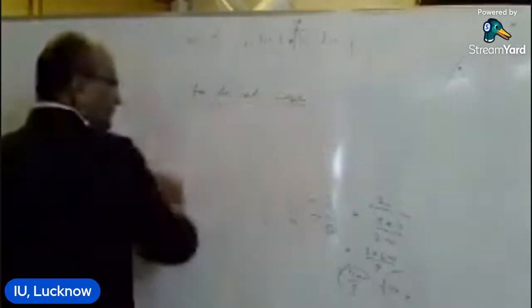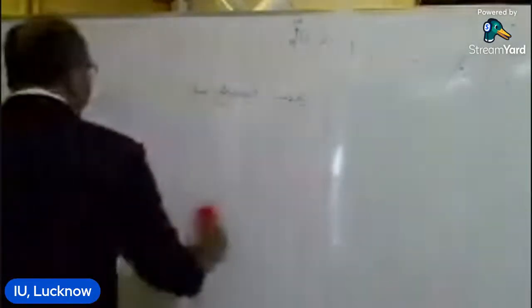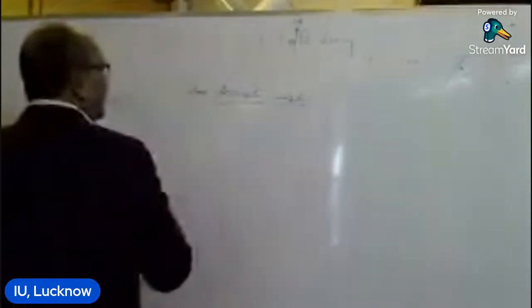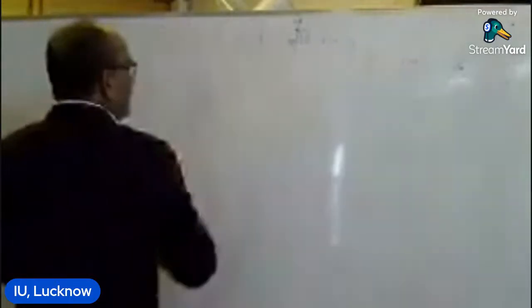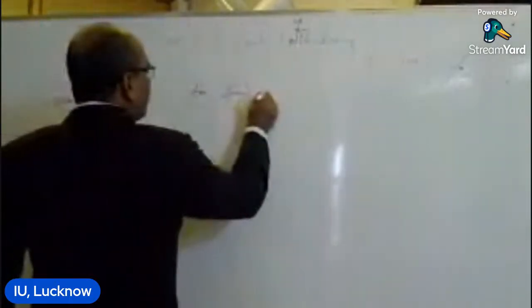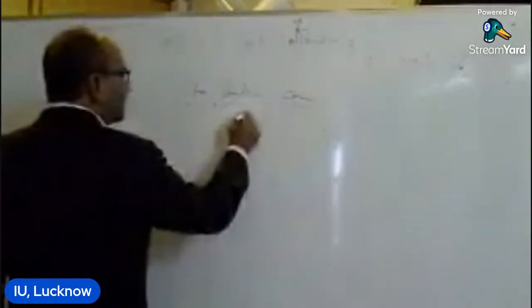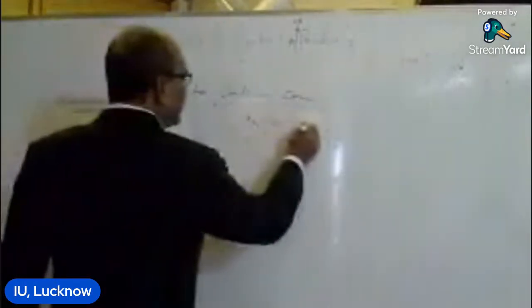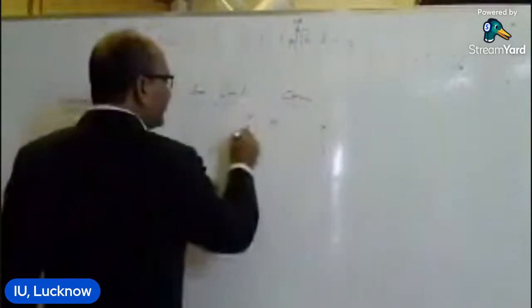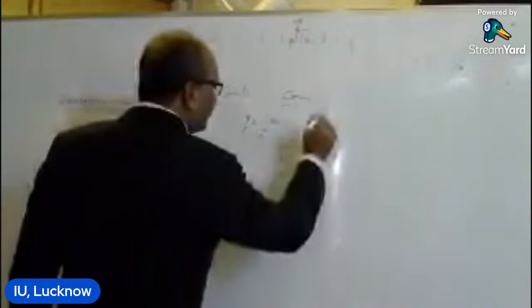The formula for the continuous case for finding the harmonic mean: we have values x1, x2, up to xn with their frequencies f1, f2, up to fn. This is the continuous case data.